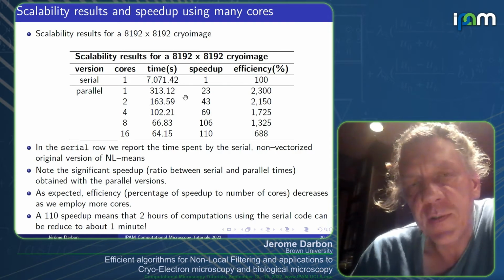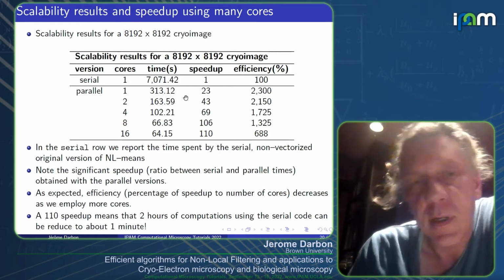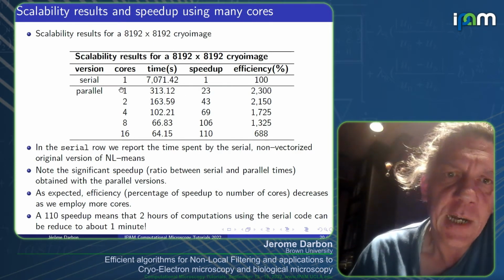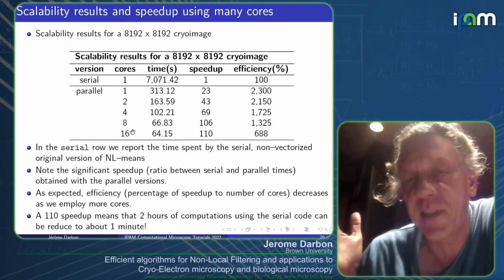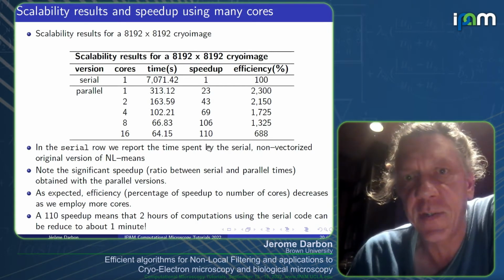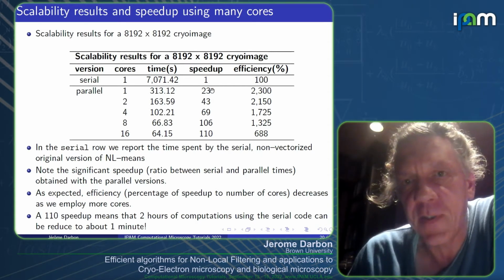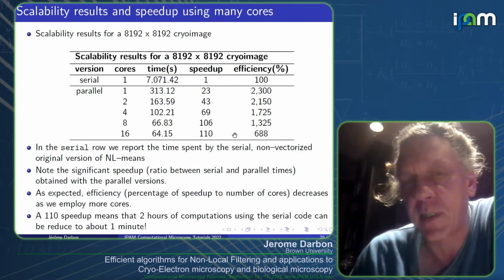Essentially it took more than 2 hours. And if you use our algorithm, with 1 core, 2 cores, 4 cores, 8 cores, up to 16 cores, which is what we could do 15 years ago, you see speedups from 23 with exactly 1 core up to 100.